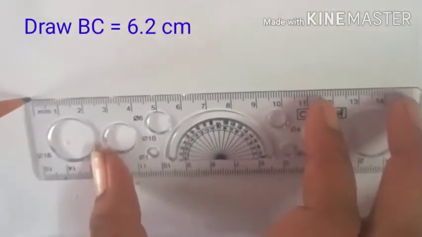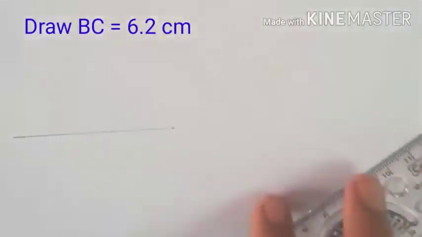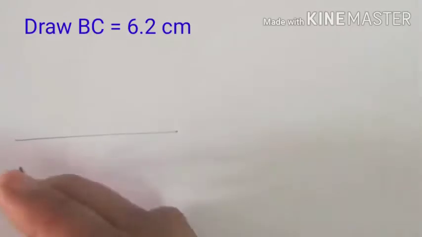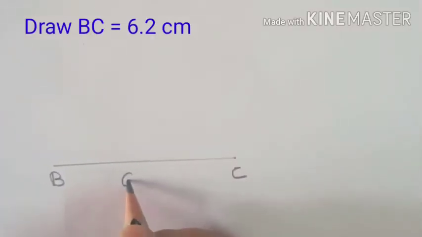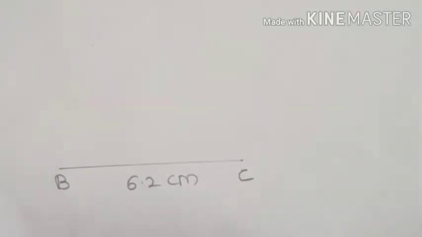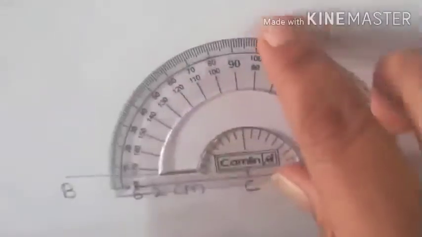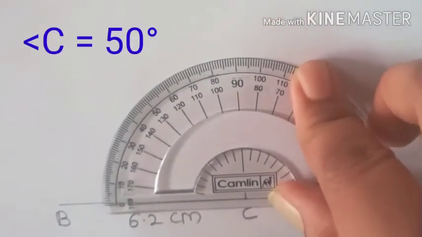Construct the main figure. First, draw BC equal to 6.2 cm. Now, with the help of the protractor, construct angle C equal to 50 degrees.